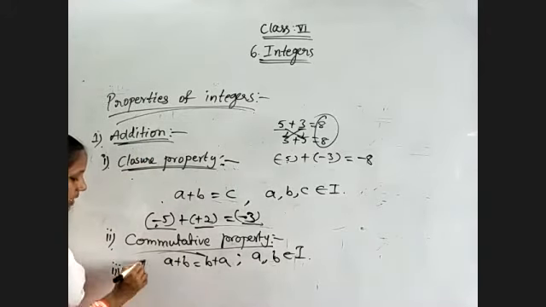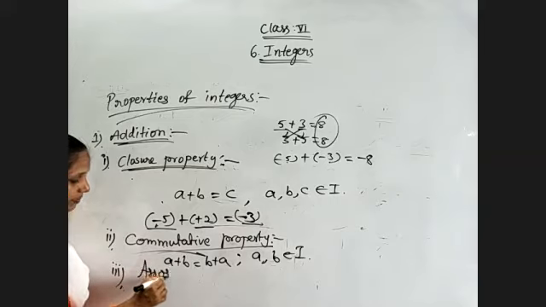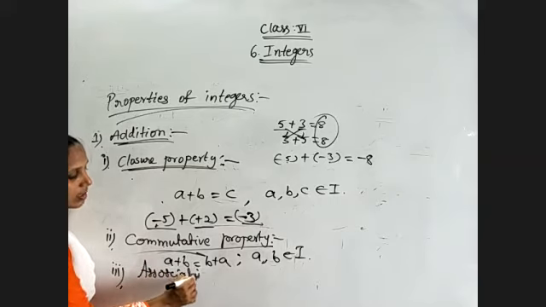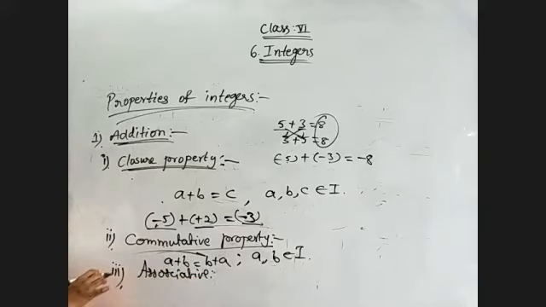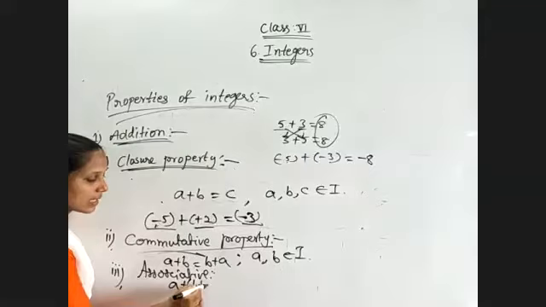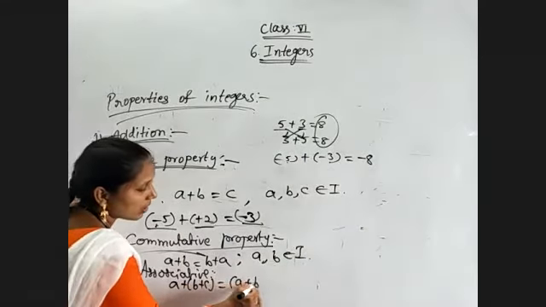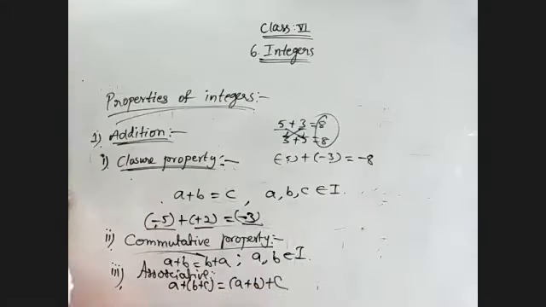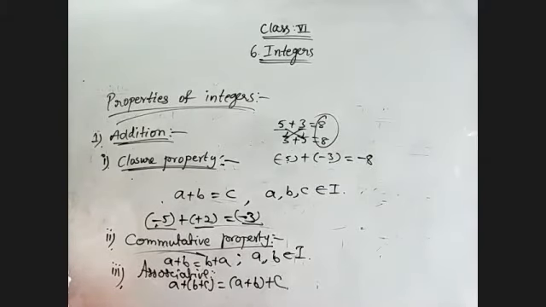Third one, associative property. Same thing as the commutative property. Just here we are talking about two integers, and here we need to take three integers. If we are adding three integers by changing the grouping, then also the result will remain the same. That is called associative property and it is applicable for integers.